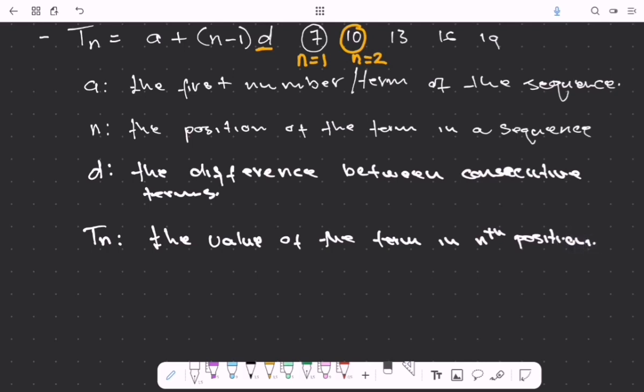Hence, we say nth term. When we find Tn, when we find the general term, we call it the nth term because it's the value of the term in the nth position. You get it? Thank you.